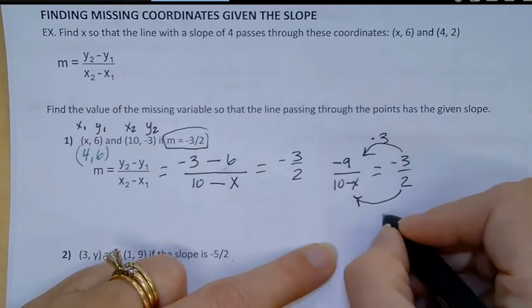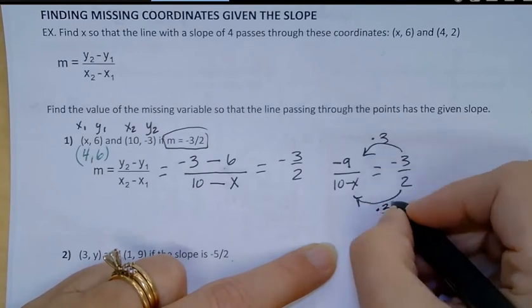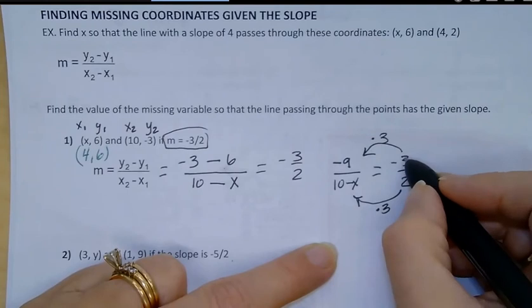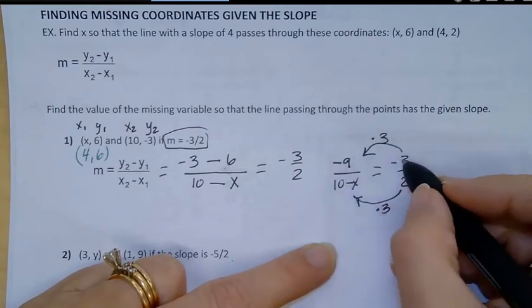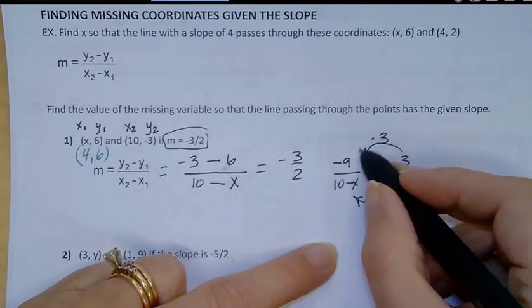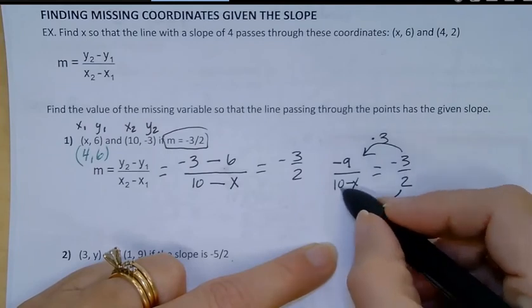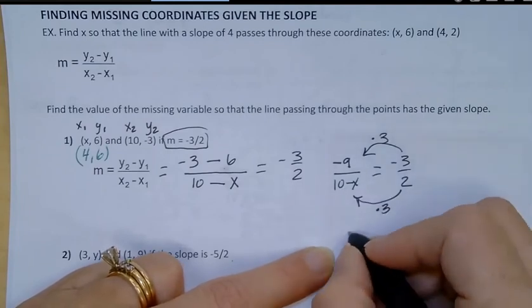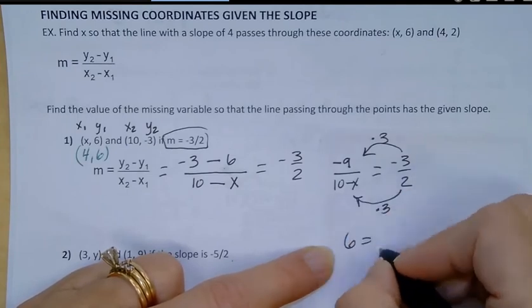And I know 2 times 3 then has to equal 10 minus x. Do you see that? Negative 3 times 3 equals negative 9. And if I multiply the numerator times 3, then I have to multiply my denominator times 3. That means that 2 times 3, which is 6, equals 10 minus x.